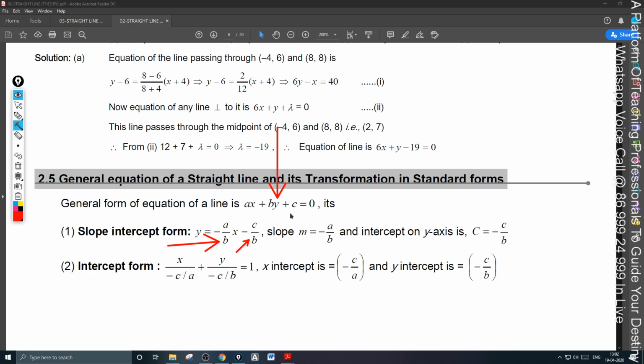Similarly, the intercept form: x by minus c by a plus y by minus c by b is equal to 1. X-intercept is minus c by a, y-intercept is minus c by b. You will get this frequently in the questions. Conversion of a line to the intercept form.